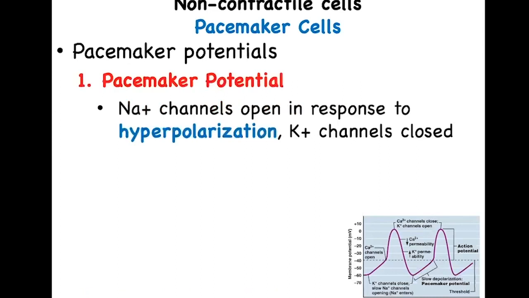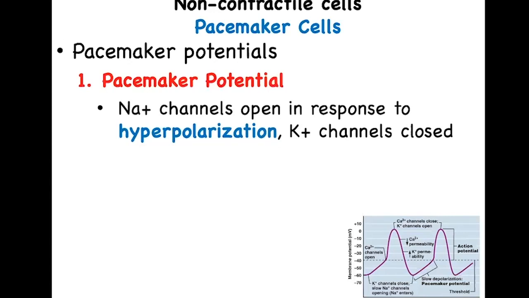Let's look at the pacemaker cells. In the pacemaker cells, you begin with what's called a pacemaker potential. There is no resting membrane potential. It is unstable. So in the pacemaker potential, you have sodium channels that are open, and they open in response to hyperpolarization.